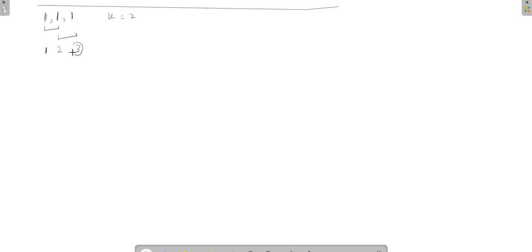And let's say when this is 3, how can we use this cumulative sum to determine whether a subarray of this size exists? Well, we have the cumulative sum, this is the total, and now we want to detect this one. How would we detect this one?